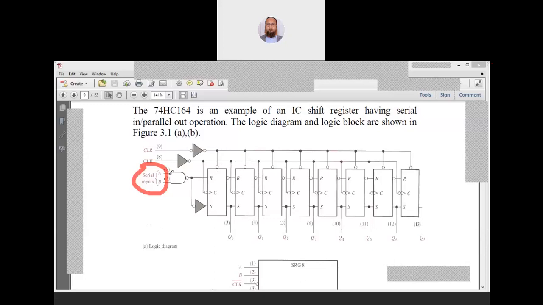We have a clock as one input and clear as another input. Clear itself is complemented through one inverter and a second inverter, and we get the inverted signal here.